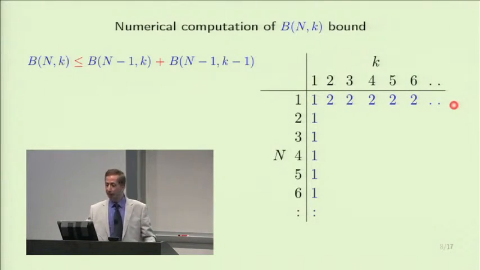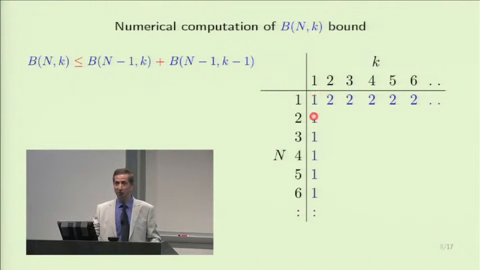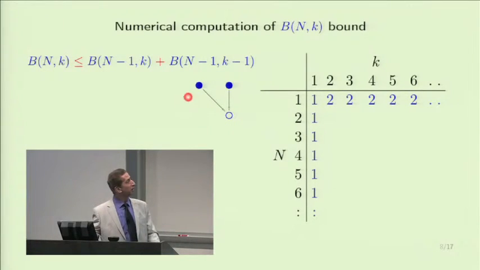Okay? Now, I covered the boundary conditions, and that's really all I need to complete the entire table, given the nature of the constraint I have. Why is that? Because that constraint looks like this. If you know the solid blue guys, I will tell you the empty blue guy, okay? Because this would be, look at n and k, okay?